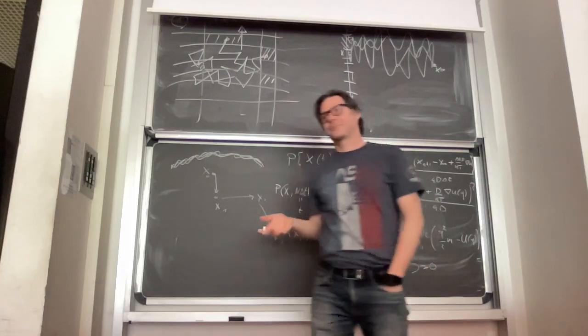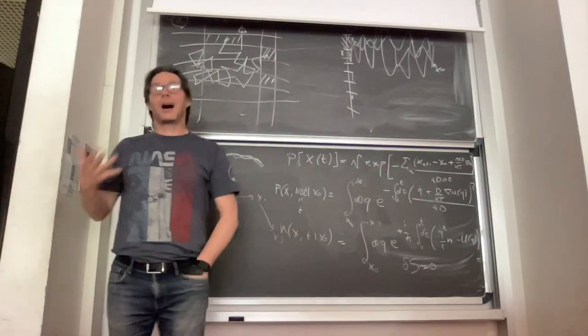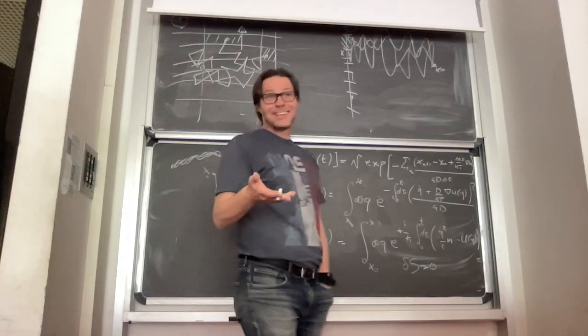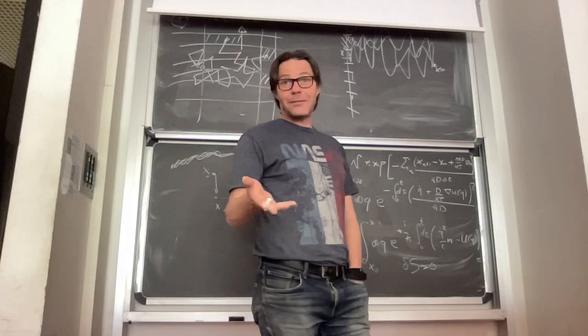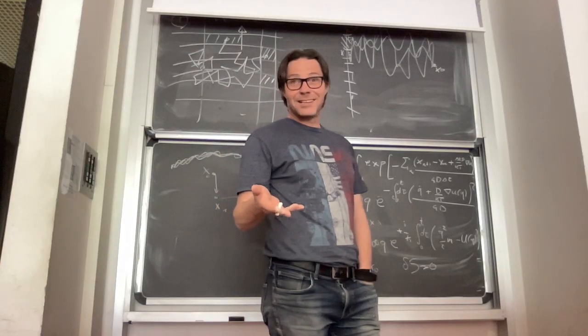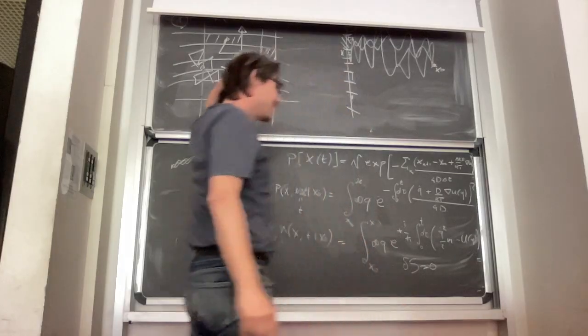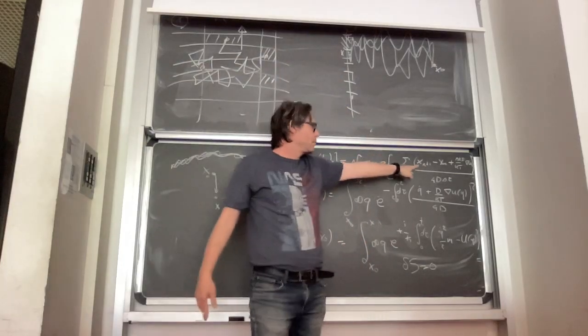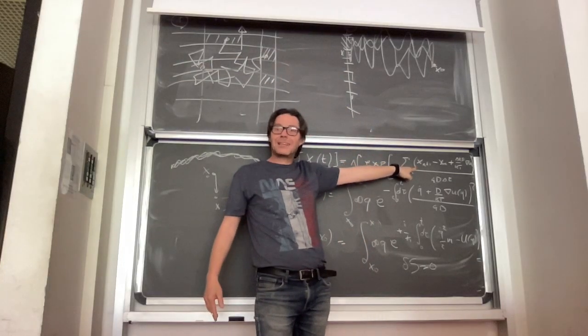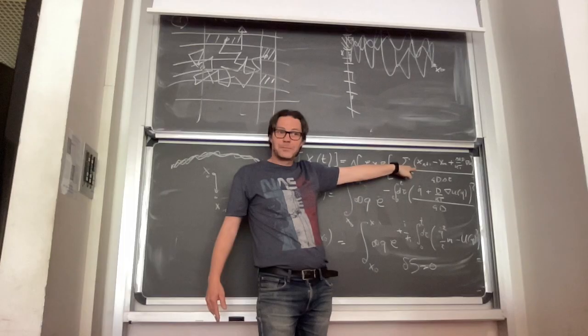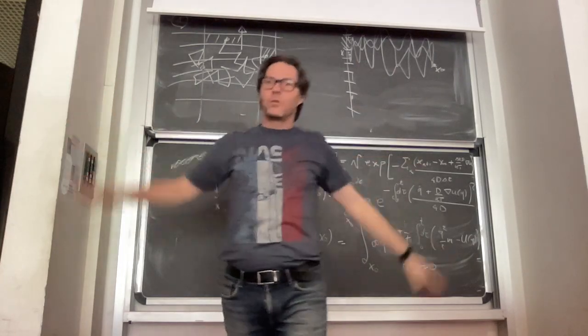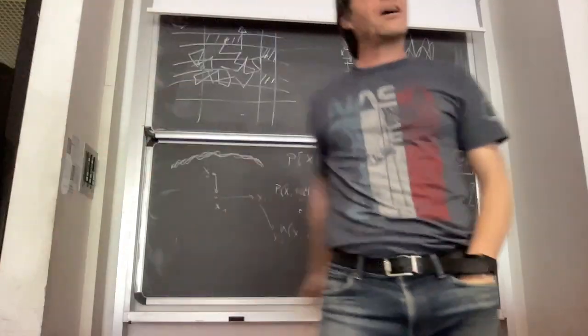Now you might ask, what are the most likely paths? Well, these most likely paths are those that maximize the probability, therefore minimize the Onsager-Machlup action. You don't need to go all over the world to look for whatever destination.